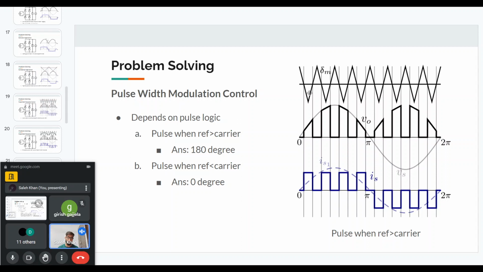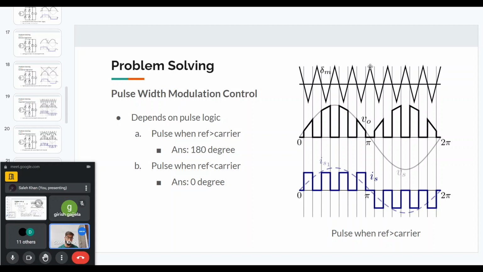In this kind of logic, if the reference is equal to the amplitude of the carrier, the switch will be on for the entire time, because the reference will always be greater than the carrier.